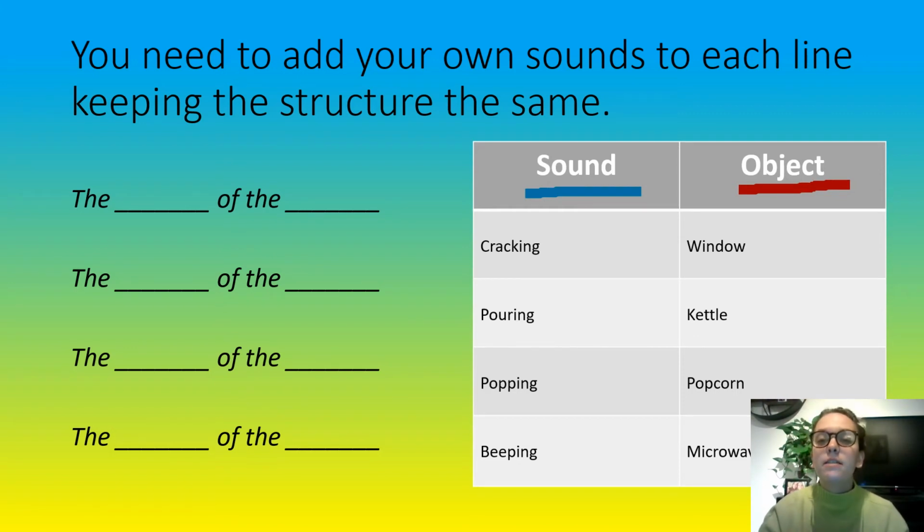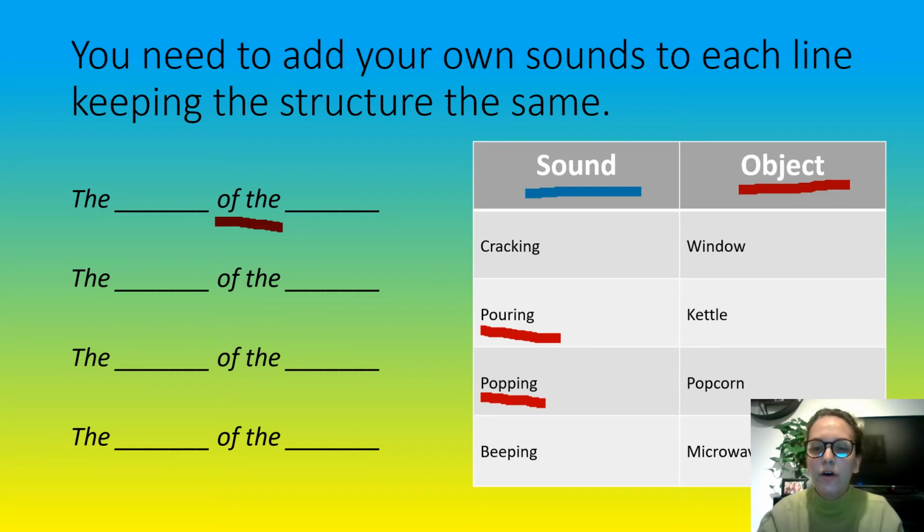It introduces the sound, and then it says of the, and then it gives you the object. So I would fill out my poem by saying the cracking of the window, the pouring of the kettle, the popping of the popcorn, the beeping of the microwave.